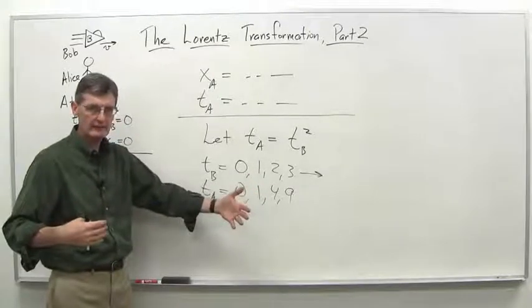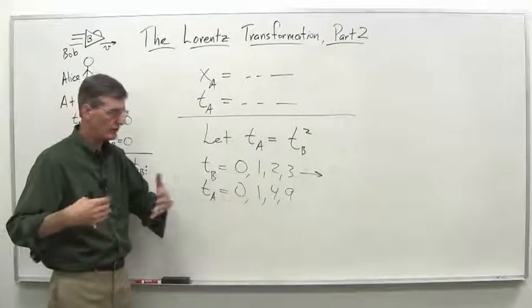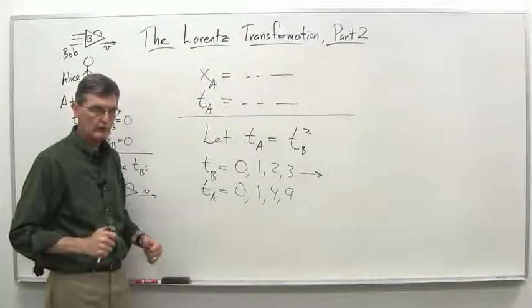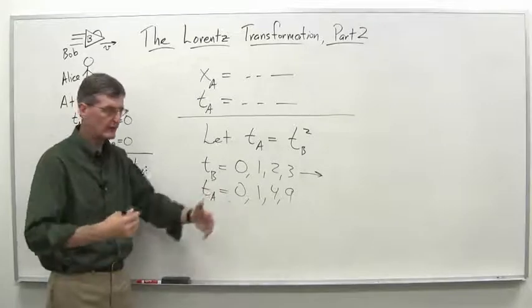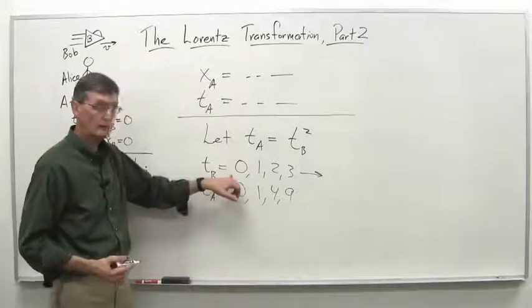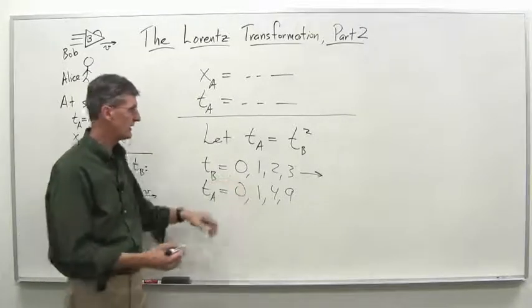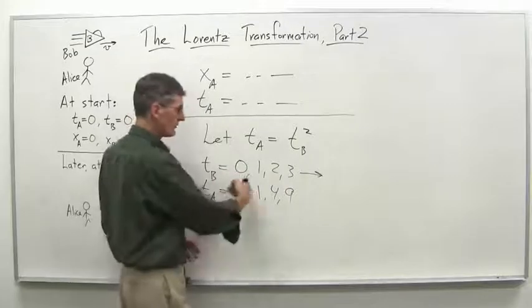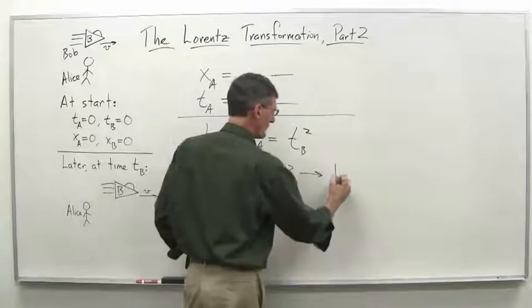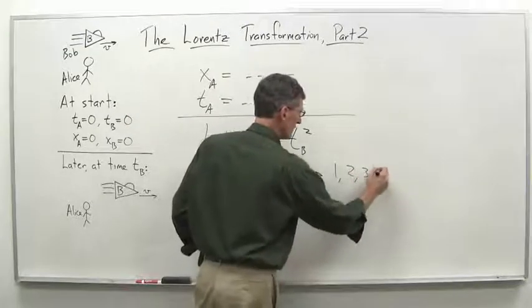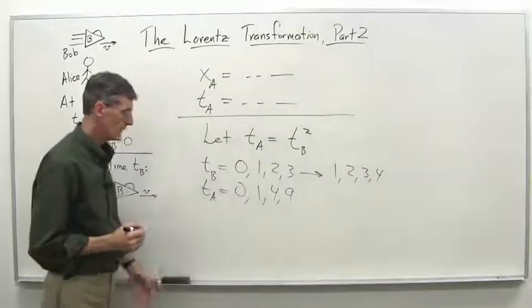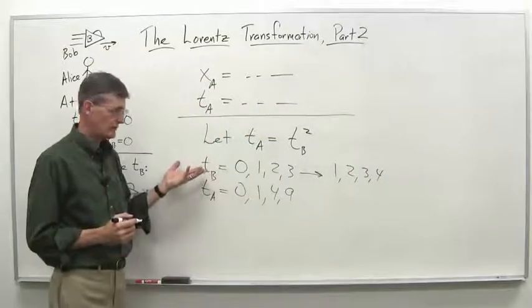It shouldn't affect your answers in terms of the elapsed time between one event and another event. So for Bob's clocks, I could just as easily reset it and move it forward a second, so that instead of 0, 1, 2, 3, I had 1, 2, 3, 4. It wouldn't make any difference to Bob in terms of his measurements.